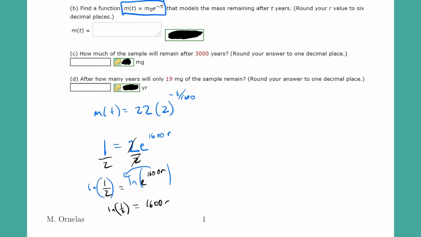And now we can divide both sides by 1600. So r will equal the natural log of 1/2 divided by 1600, which you should be getting is negative 4.33 e to the negative 4, which is scientific notation. That means move your decimal 4 spaces to the left. 1, 2, 3, 4. So there's going to be 3 zeros after the decimal.